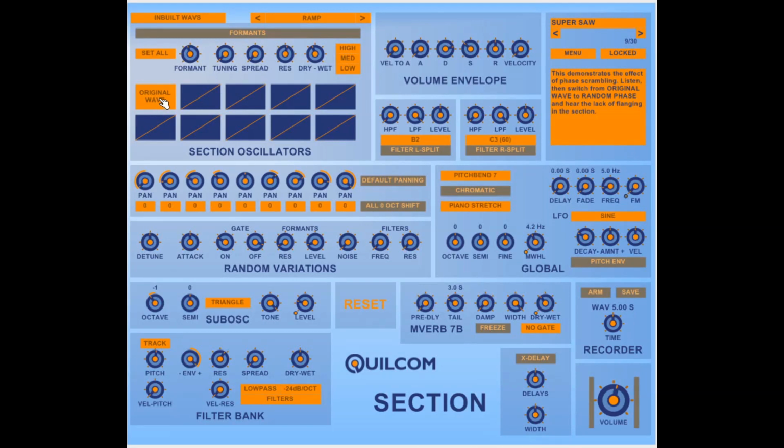Now if I change over to the randomized phases, you get this. So now you have a choice of ensemble type effects within the one synthesizer.